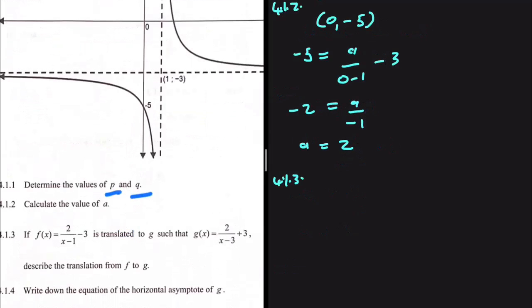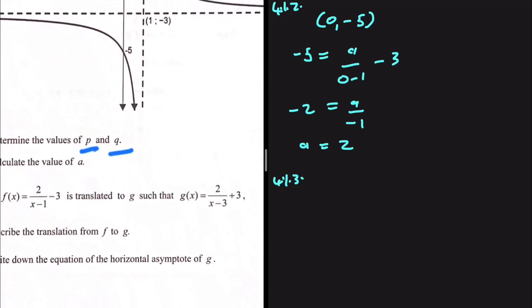Let's go ahead and do 4.1.3. If f of x is translated to g of x, describe the translation from f to g. So let's take a look at this. In f of x, we have x minus 1. In g of x, we have x minus 3.